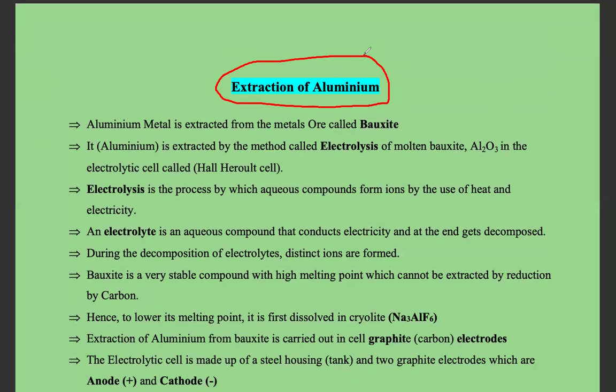So, according to the few discussions we've had, what method do we use to extract aluminium among other most reactive elements?